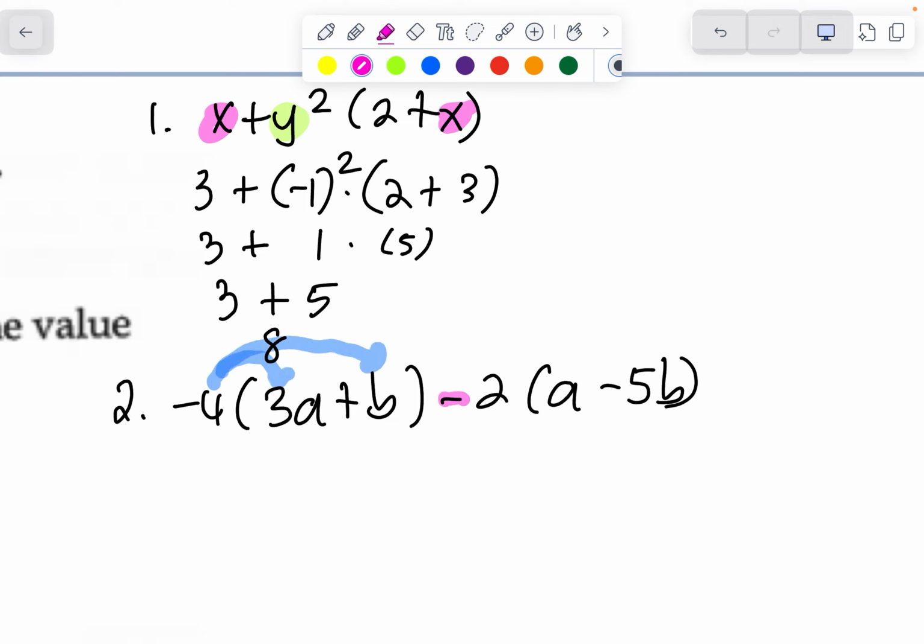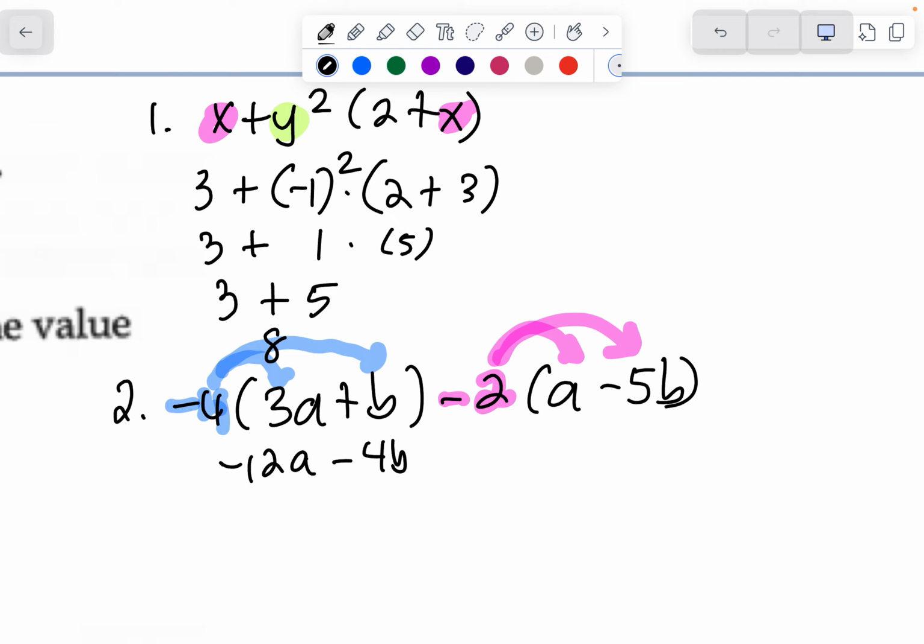Now, here, be careful, because that's a negative 2. Here, you're distributing a negative 4, so make sure you're distributing the sign along with it so that you don't mess that up. So here, we would multiply that negative 4 twice. We get negative 12a minus 4b.